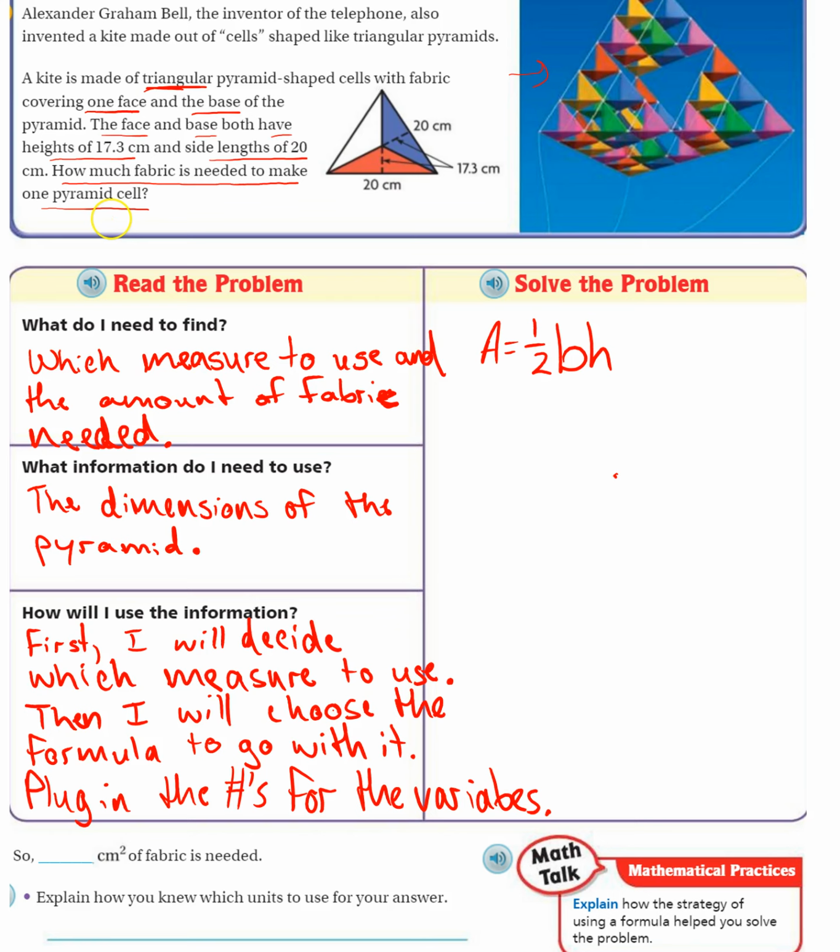And I need to know how much is needed to make one pyramid cell. So both have heights. Height is 17.3, base is 20, so 1/2 times 20 times 17.3.